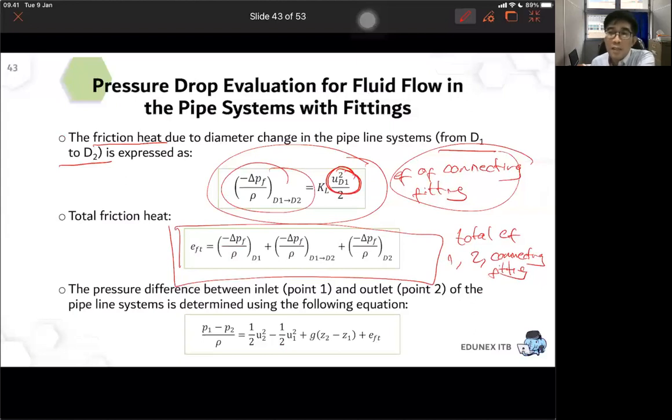If you analyze the Bernoulli equation from the inlet, meaning before entering segment 1, to the outlet, meaning after coming out from segment 2, then point 1 is the inlet of segment 1 and point 2 is the outlet of segment 2. So you use the Bernoulli equation with the total EF from both segments and the connecting fitting.